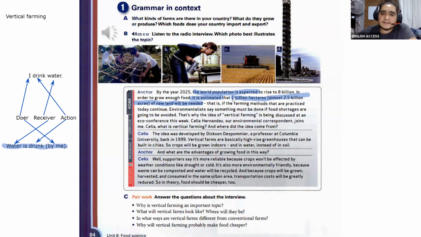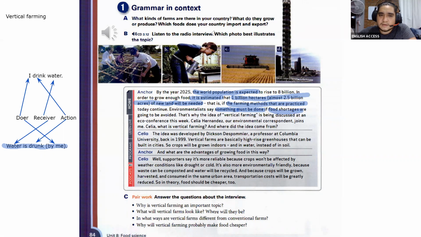That is, if the farming methods practiced today continue. Environmentalists say something must be done. Something must be done if food shortages are going to be avoided.